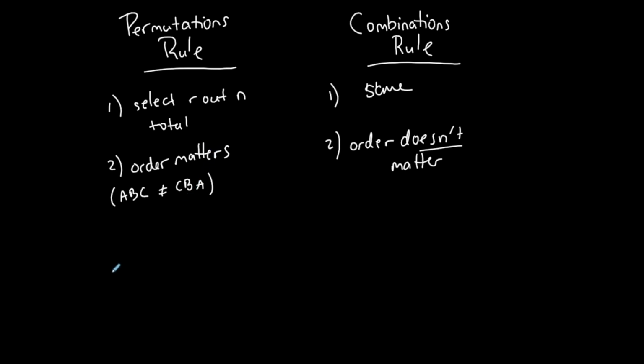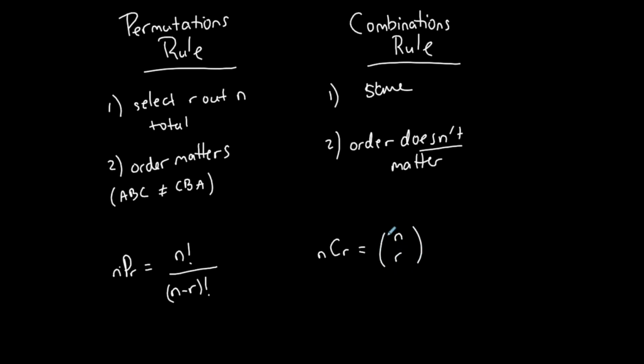The notation for permutations is NPR. There's a formula: n factorial over n minus r factorial. For combinations, I've seen it written as N and then R stacked, almost like a matrix, with no division sign.